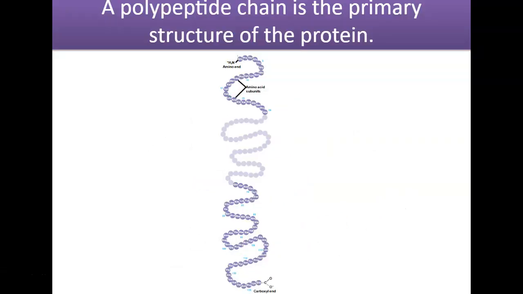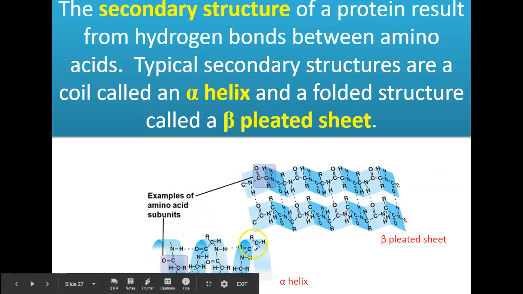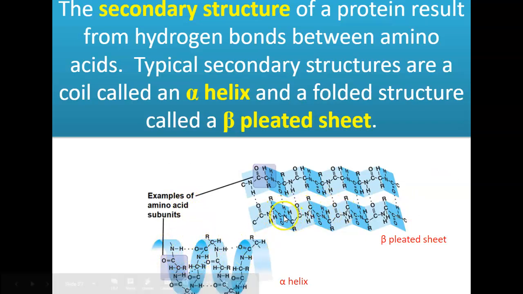And then you get this super long chain. That's what we call the primary structure. So it's just one long line of amino acids. And then they create what's called a secondary structure. The hydrogen bonds, which remember are from the slightly positive and negatively charged parts of certain molecules, create either an alpha helix, which is kind of a circular or ribbon shape, or a pleated sheet, which looks, as the name describes, like a pleat.